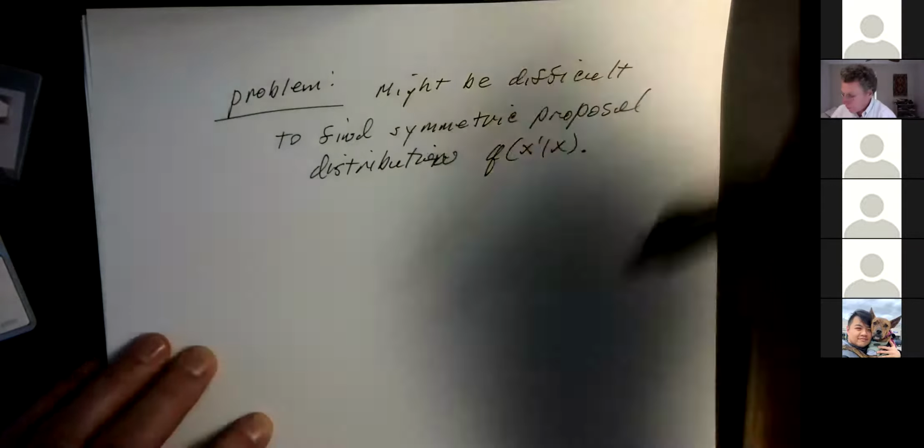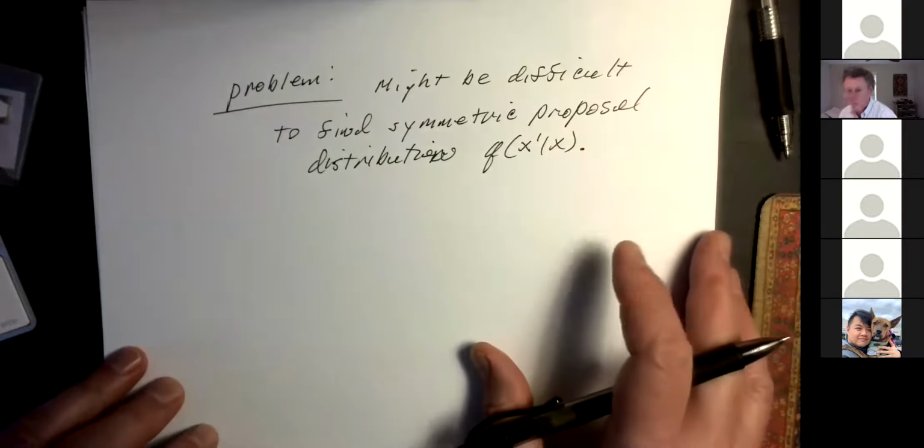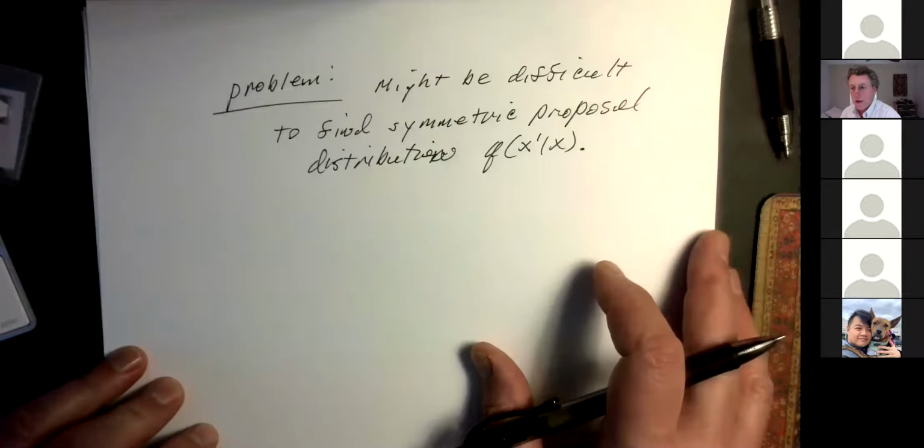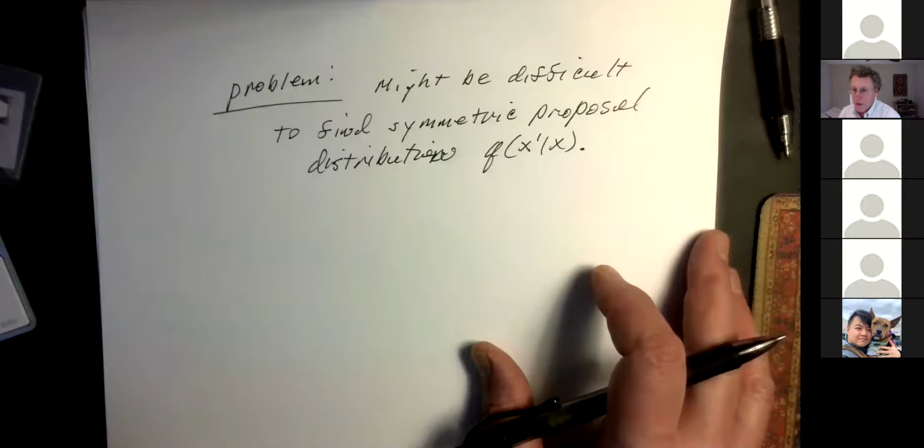It might be difficult to find a symmetric proposal distribution. So in certain cases, it's just sometimes tricky.